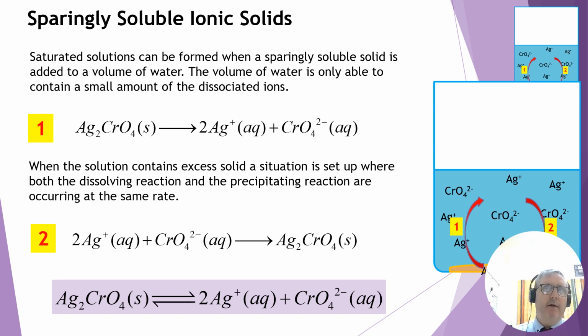That depicts both the forwards reaction, the number 1 reaction, and the backwards reaction happening at the same time. This reaction is said to be at dynamic equilibrium. Both the number 1 reaction and the number 2 reaction are happening at the same rate, and therefore it's at dynamic equilibrium.